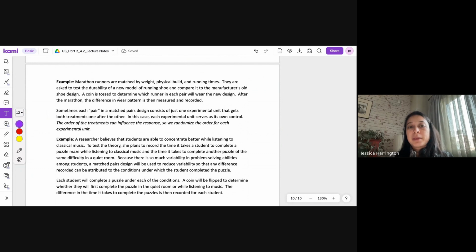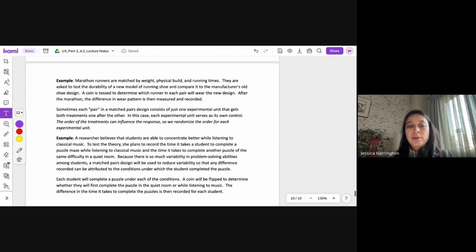So if I took one runner and had them run a mile with the old design, then they came back and I gave them the new design of shoe and asked them to run another mile, that would be one unit getting both treatments, but that can impact your results because maybe the runner is running more slowly for the second mile because they're tired, right? So that's something you have to account for.